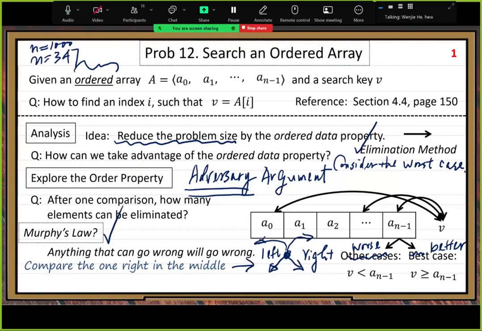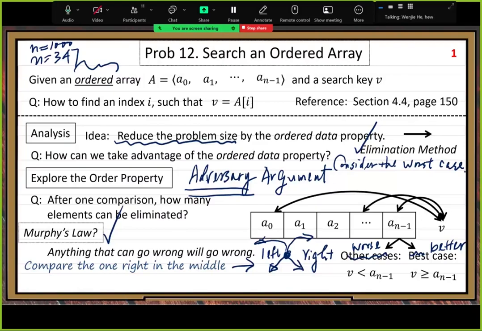The role of this adversary is to force us to do more work. When you have an adversary, it will always try very hard to beat you, to force you to do more work. A smart adversary won't give you an easy job to do, right?